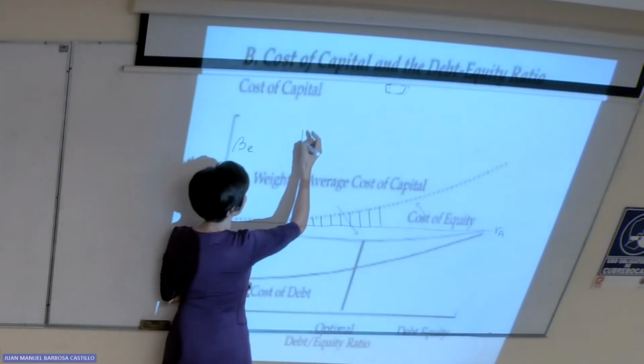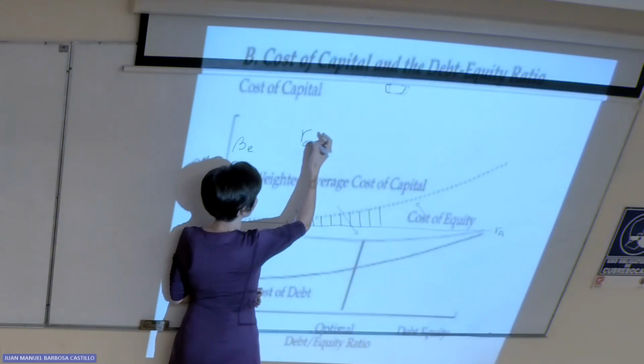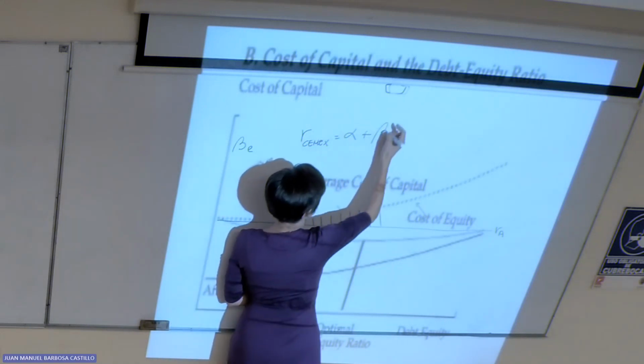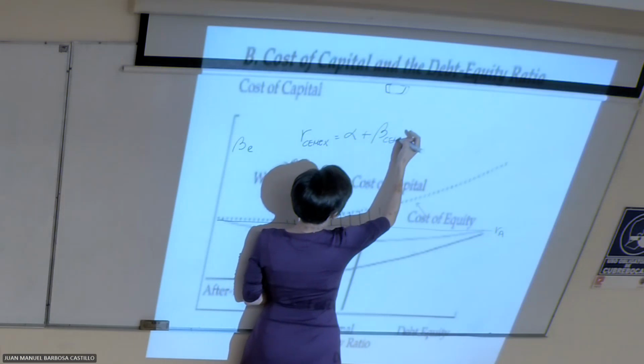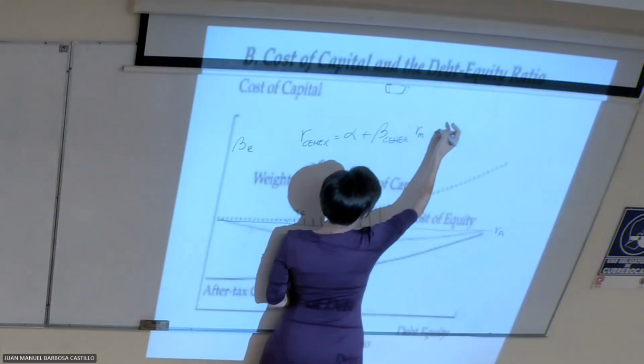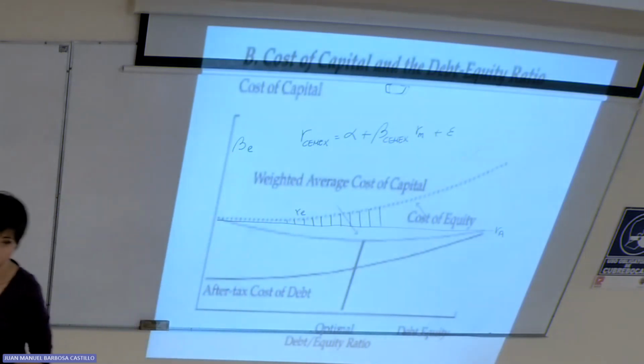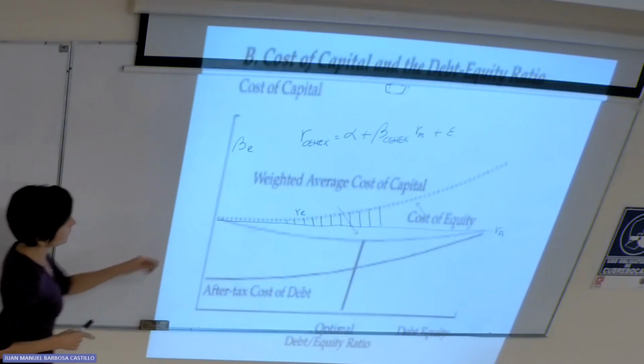Why? Because we regress the return on CEMEX. That's how we would estimate the beta for a firm using share prices.